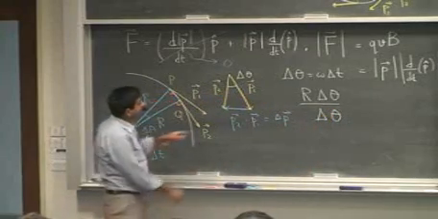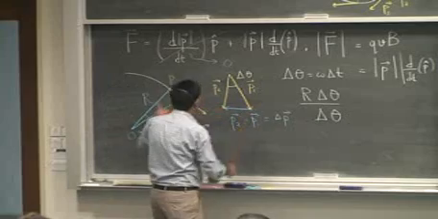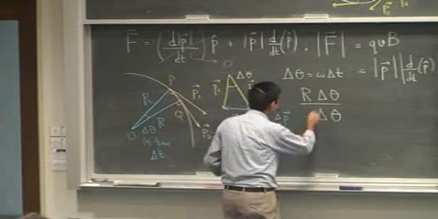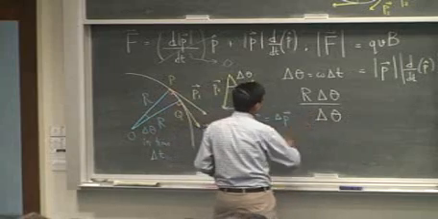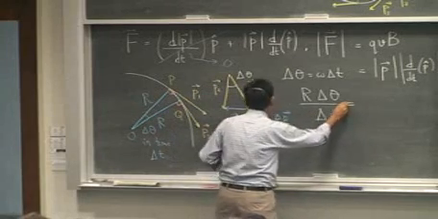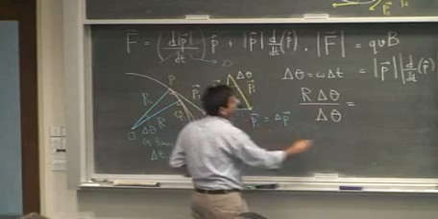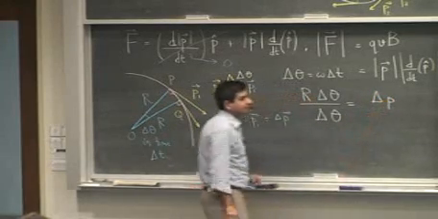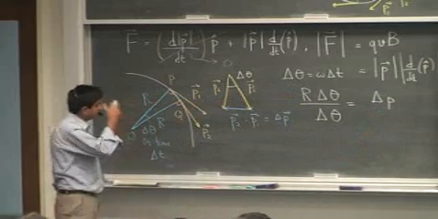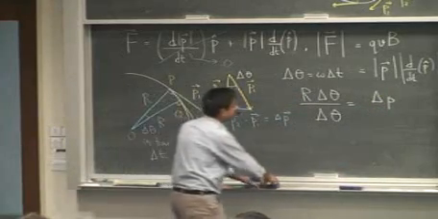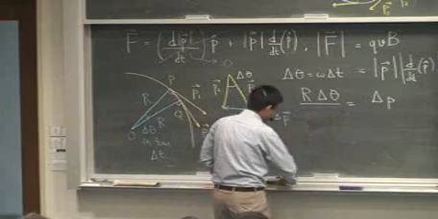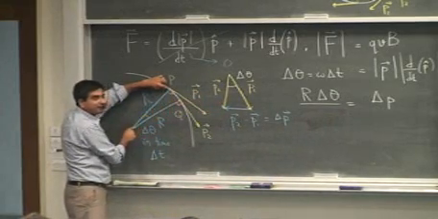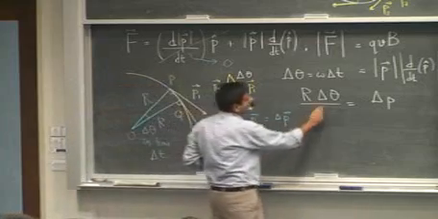This must equal this length, which is delta p. Instead of dividing by delta theta, I take the ratio of two sides. So I have this side which is r delta theta, I divide it by this side which is r.